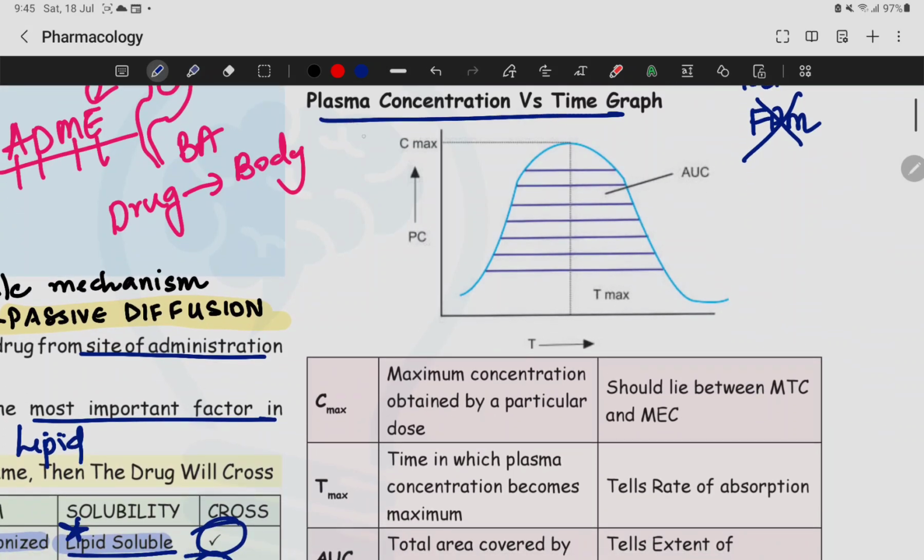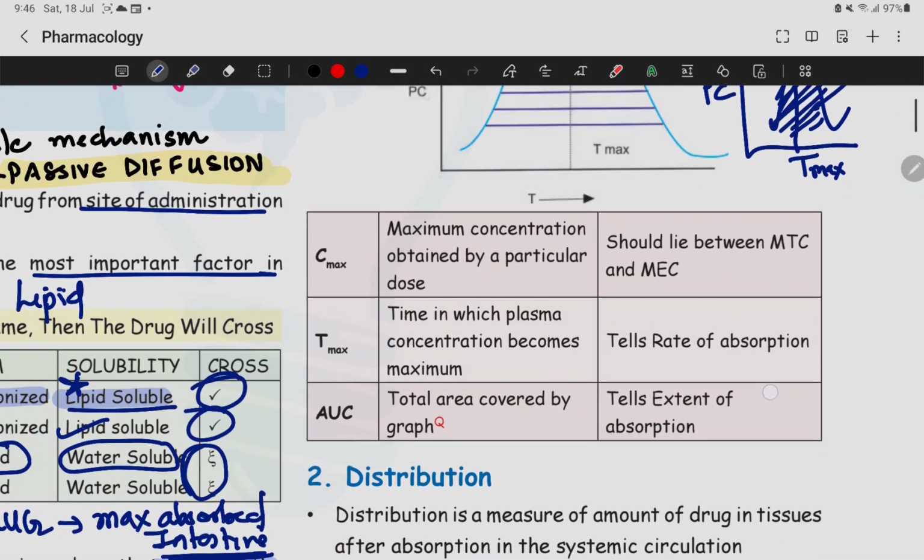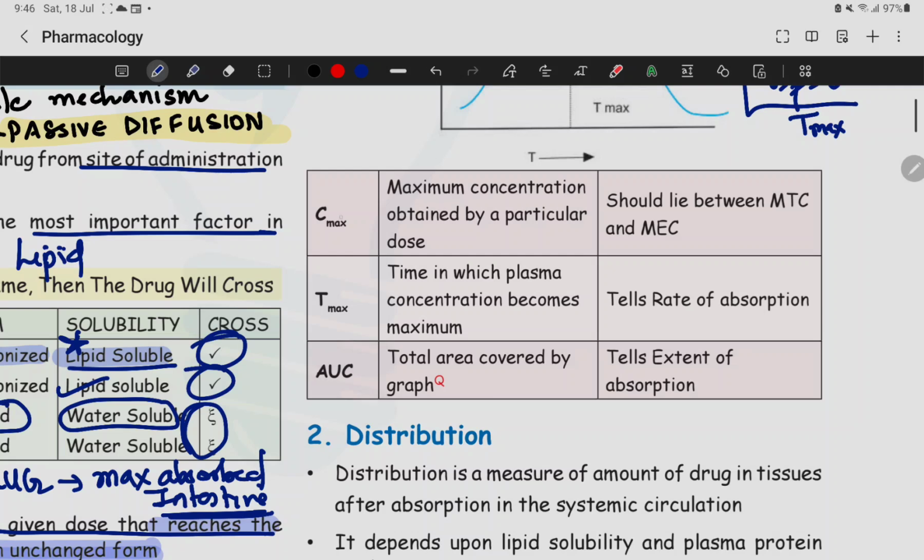This is an example of a plasma concentration versus time graph. Here is the plasma concentration, here is the time. Tmax is the time taken for the maximum concentration, Cmax. The area under the curve represents the extent of drug reaching circulation.